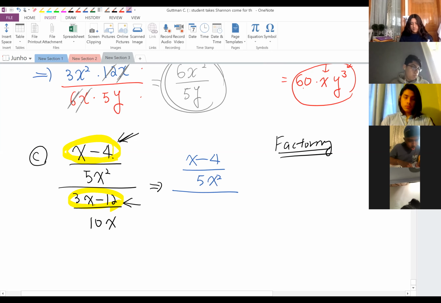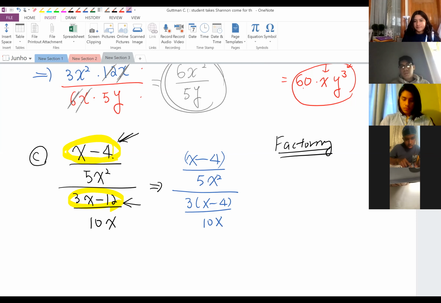Now this becomes common factor between 3x and 12, becomes 3. So x minus 4 over 10x. So just in case, I also put parentheses so that it represents the factoring form. Okay. So everything becomes monomial form here.